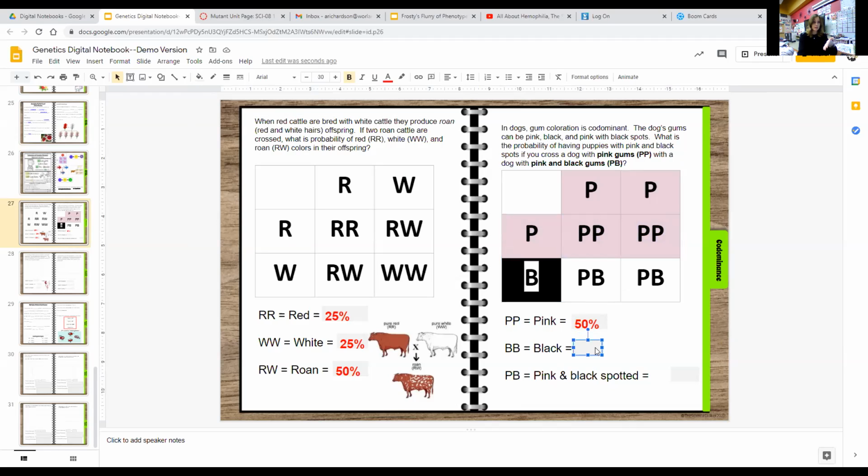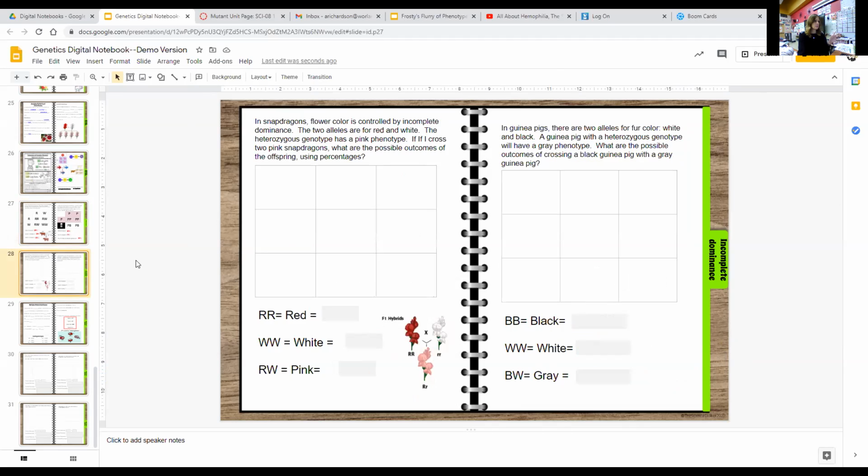I'd have to have BB right here, which I don't, so it's 0%. And then what percent are PB or pink and black spotted? Well, that's these two right here. So that's 50%. So that is codominance.